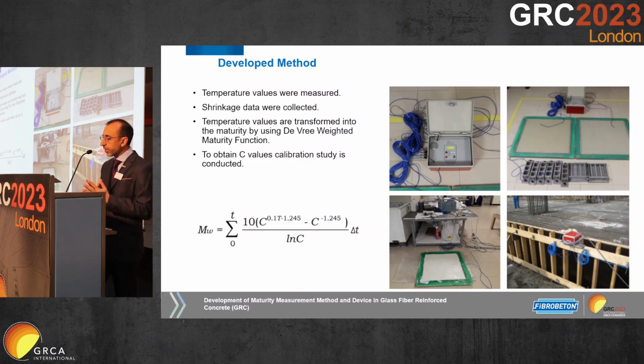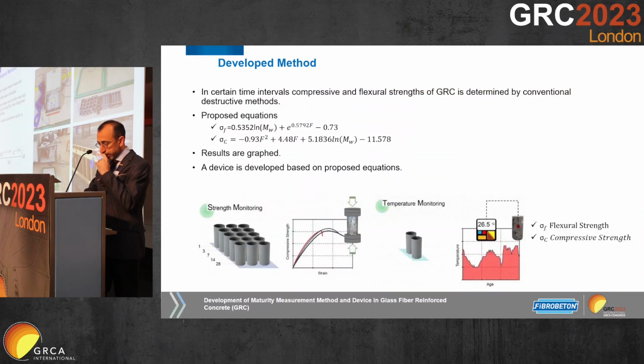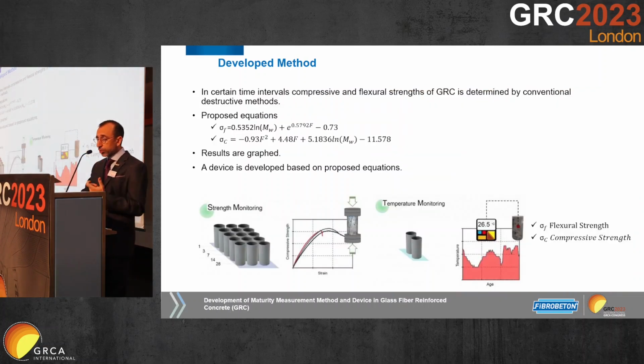The length changes were recorded along the central axis of the specimen using an inductive sensor leaning against the movable head of the mold. All measurements were performed under laboratory conditions. Then, at certain time intervals, we determined the compressive and flexural strength of these compositions by destructive tests.